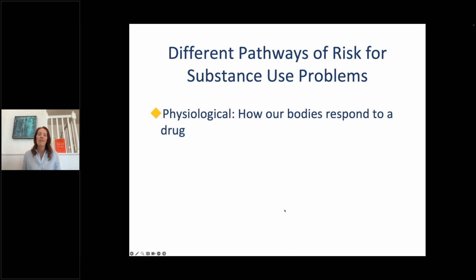I find that one of the biggest misconceptions about genetic influences on substance use disorders, which increasingly people understand and recognize, that yes, there is a genetic component. Some people are more likely to develop problems with alcohol or other drugs than other people. It's partly in our genes.